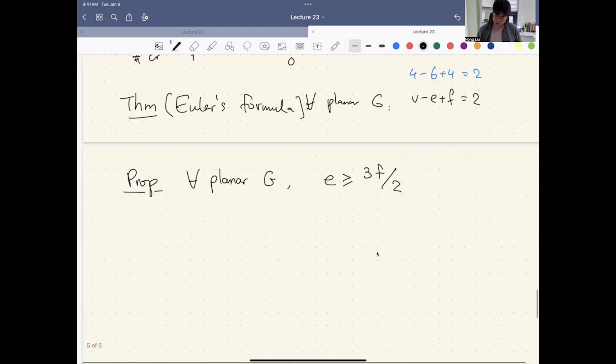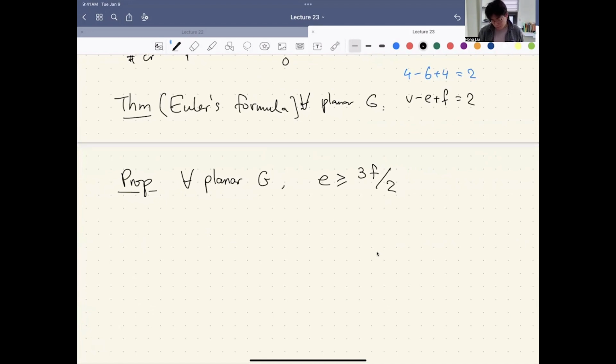First of all, this is tight. For example, consider a triangle. It has 2 faces, inside and outside, and the number of edges is 3. So this is tight. I don't think finding an infinite family of tight examples is very interesting, so we just remark that this is optimal.